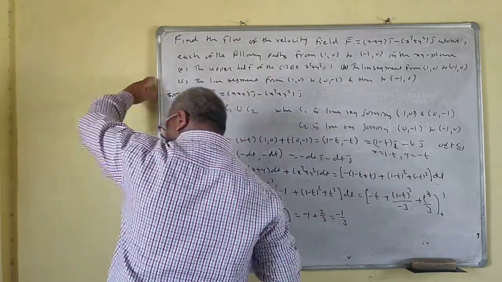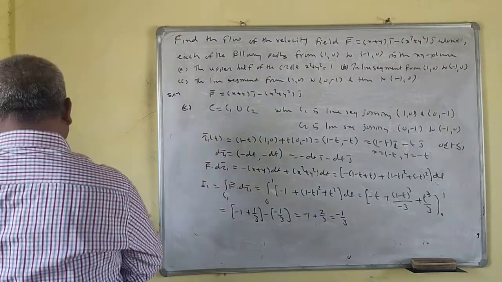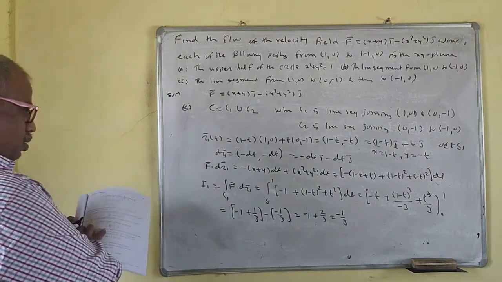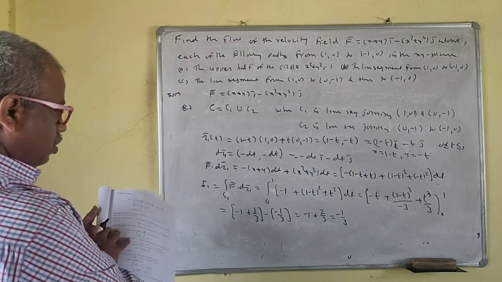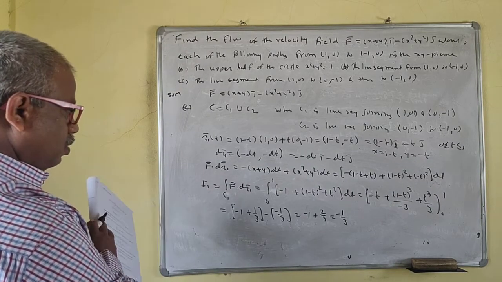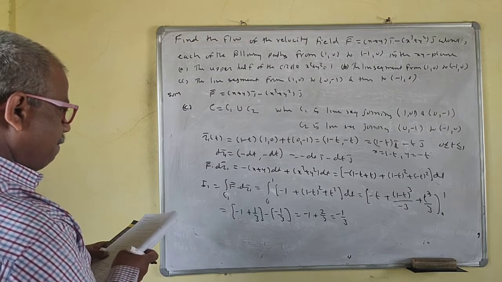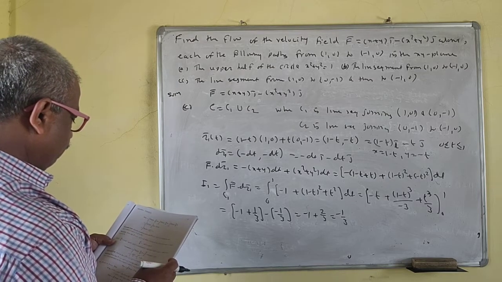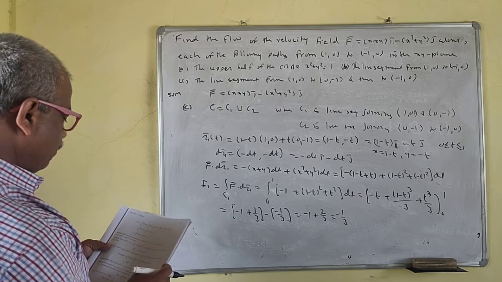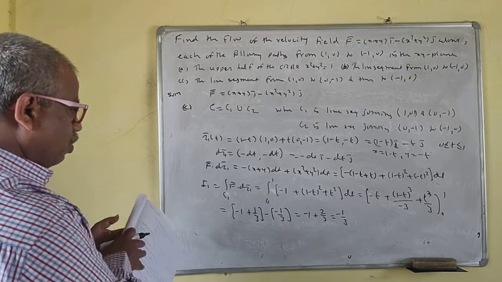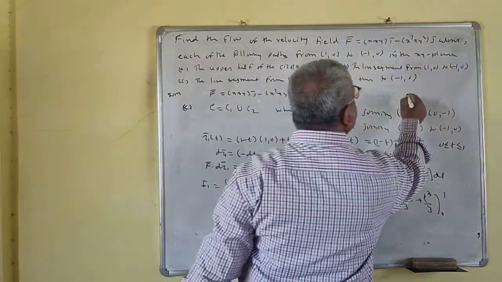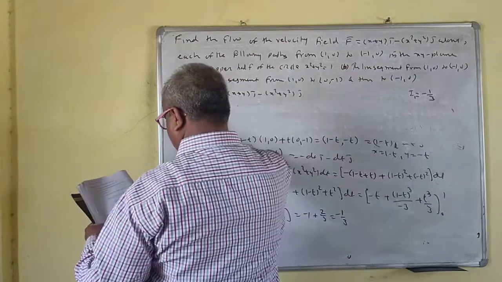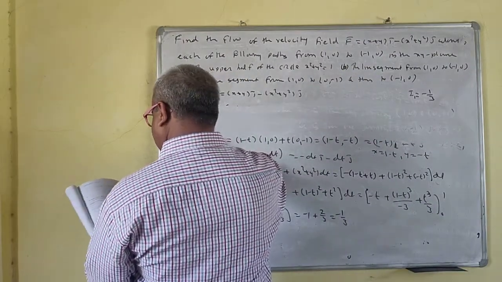So this integral is minus 1 by 3. So your I1 is minus 1 by 3.